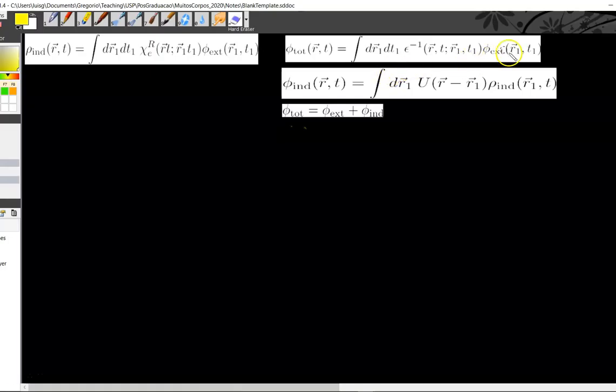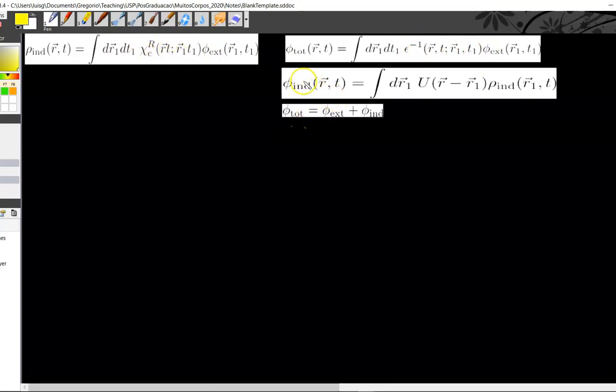Okay, so I found a typo in the previous expression. The induced potential, in terms of the Coulomb potential, is the integral over R1 of u(R minus R1) times the induced charge density at R1. Now I want to express this dielectric function in terms of the correlation expression that we had here.